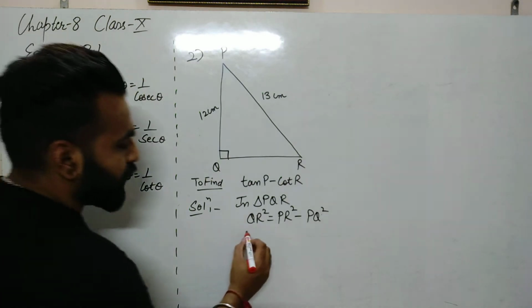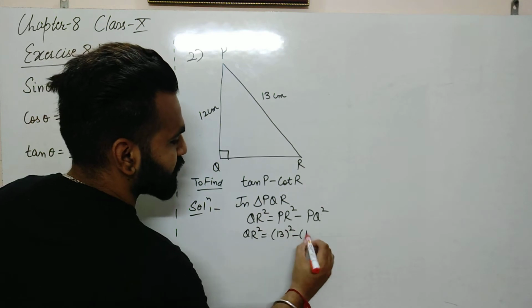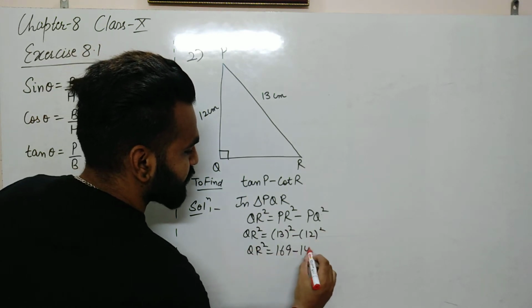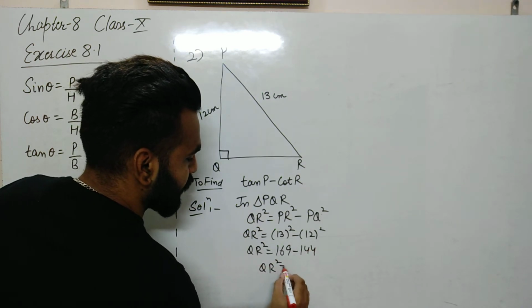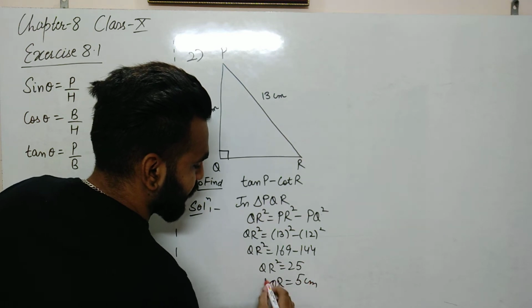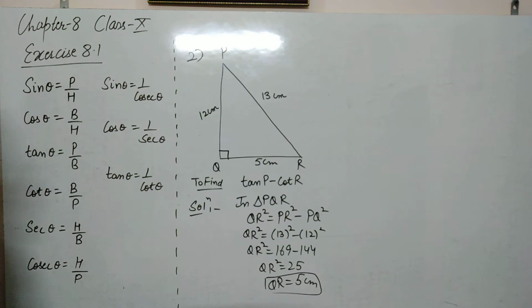Clear? So QR square will be 13 square minus 12 square. QR square will be 169 minus 144. QR square is 25. QR is root 25, that is 5 centimeter. Now all the sides are known.